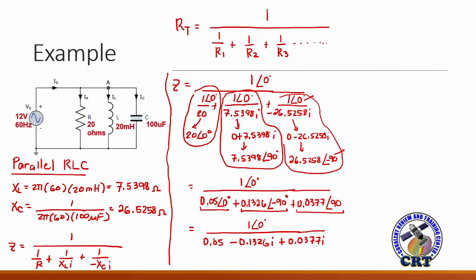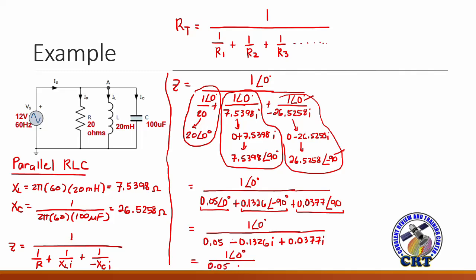Now we can perform the operation in the denominator. So we have in the numerator 1 angle of 0, in the denominator 0.05.